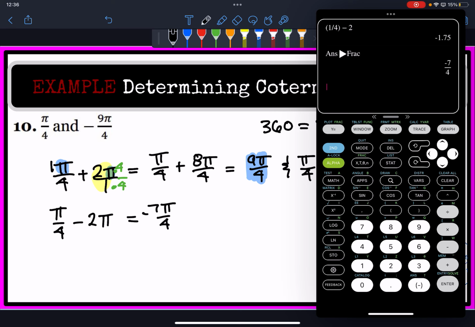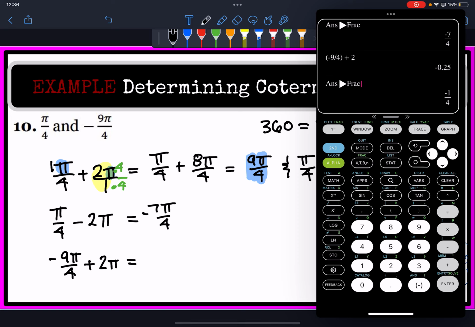And the same thing again for negative 9 pi over 4. To find the positive coterminal angle, I would add 2 pi. Well, adding 2 pi one time gives me negative 1 over 4 pi. So that gives me a negative coterminal angle, but does not give me a positive coterminal angle. So let's add another 2 pi.